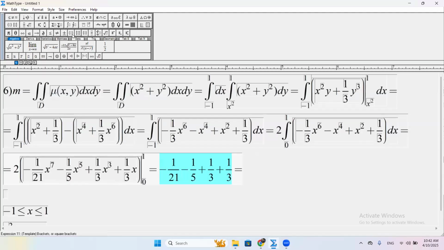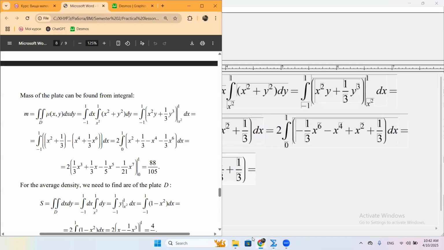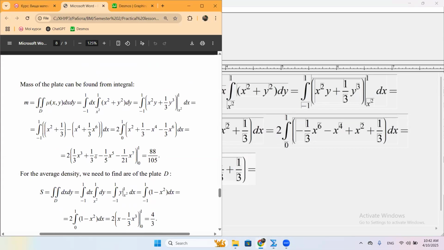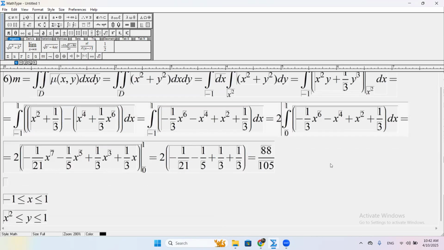Multiplies. So yeah, actually here everything is right. So 88 over 105. Let's believe these records, because I don't want to calculate fractions now.